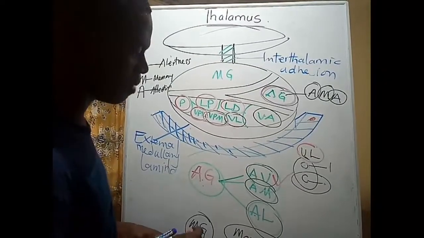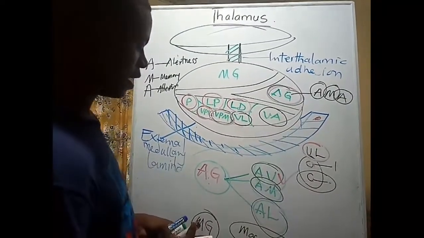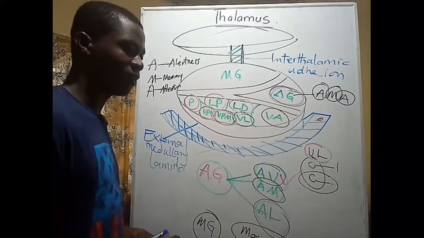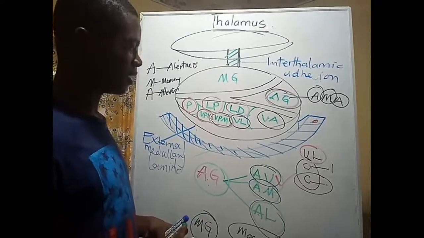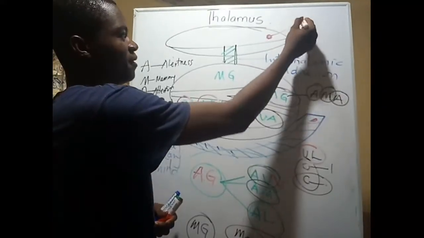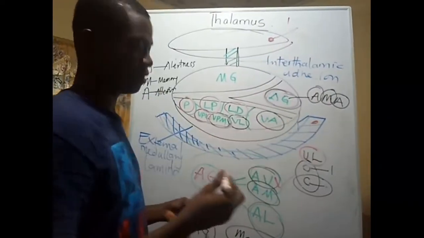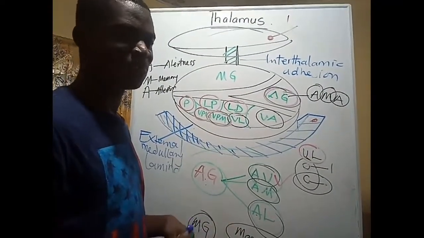They play a role in memory. Good. And then we have the intralaminar nuclei, which are located inside, basically for arousal, and then the centromedian for emotions and memory.